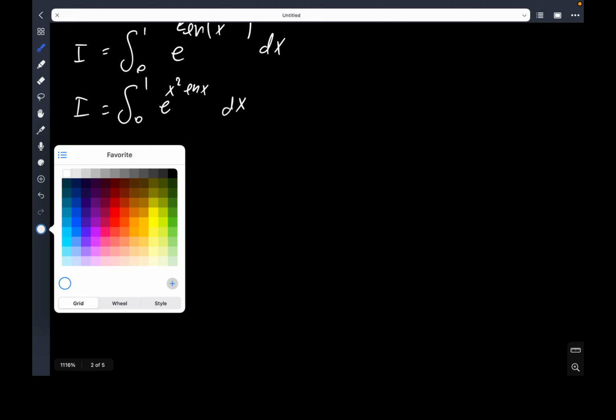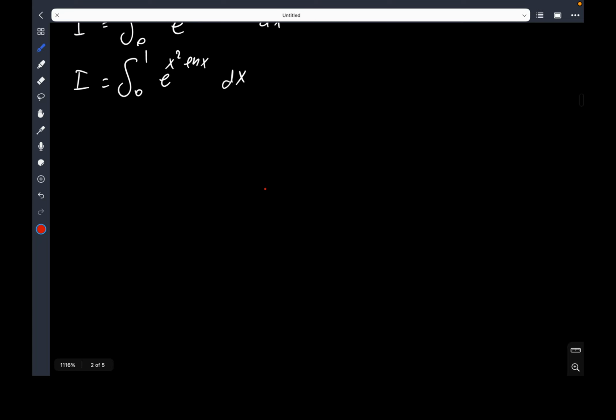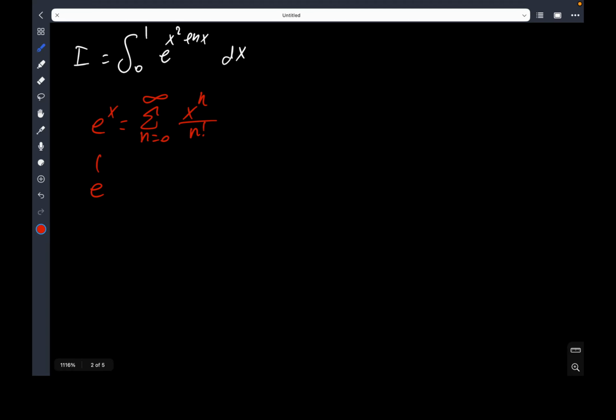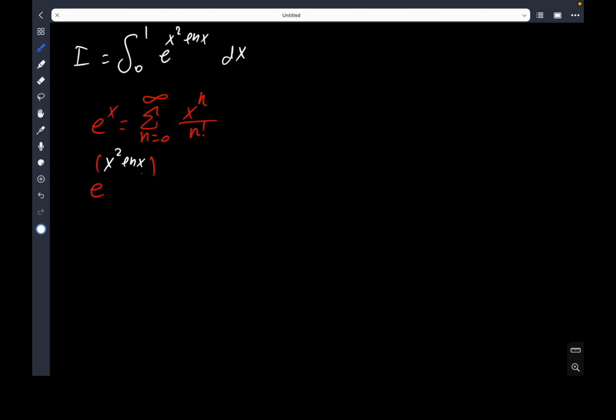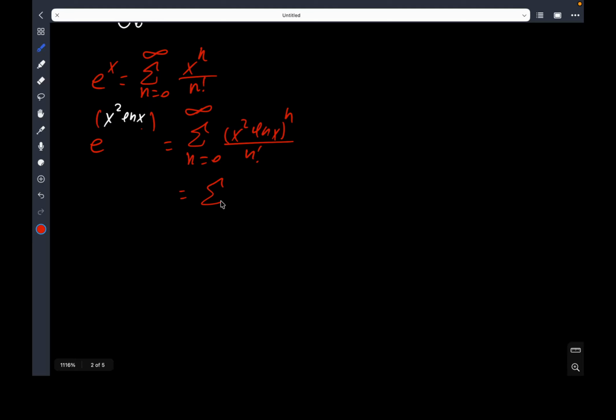Now I'm going to use the series for e to the x, which is the infinite sum from 0 to infinity of x to the n over n factorial. If I plug in x squared ln x, I get the infinite sum from 0 to infinity of x squared ln x to the n over n factorial, which gives x to the 2n ln to the n of x over n factorial.